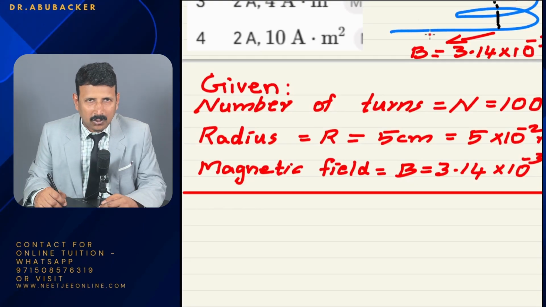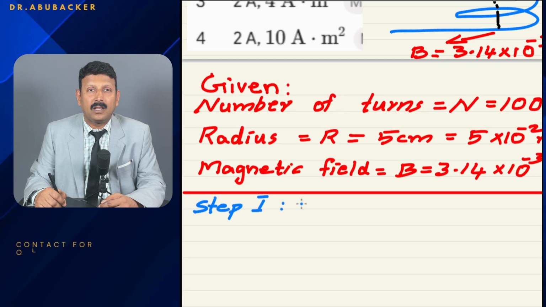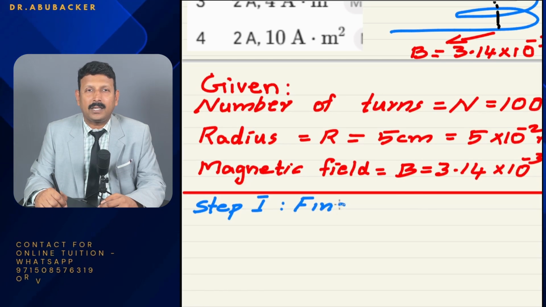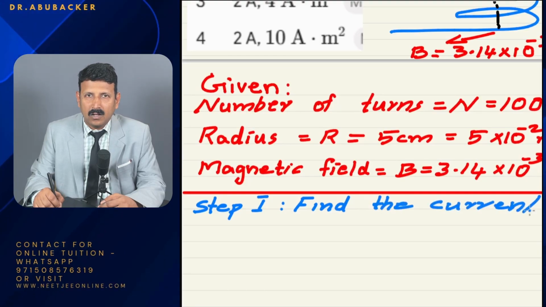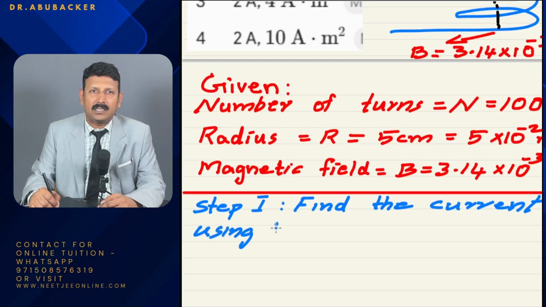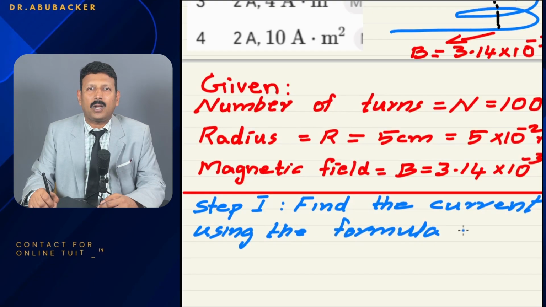Now this is the time to find the current. How to find the current? Using the expression we already know, that we studied before, that we are going to write now. So step 1, find the current using the formula.